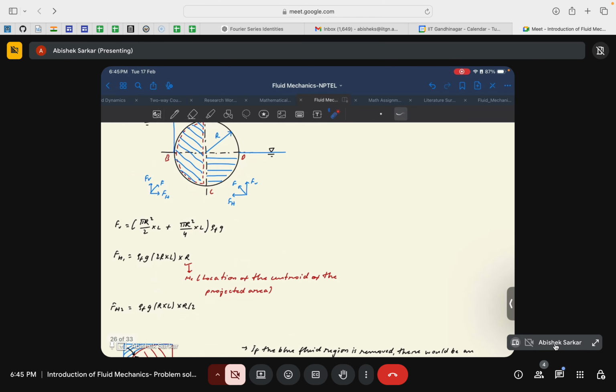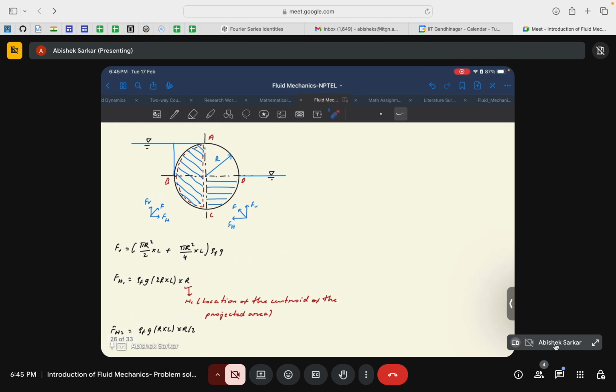And for the horizontal components, it's again a similar idea. Rather than dealing with this curved surface, we will deal with the projection of this curved surface to find the net horizontal forces.